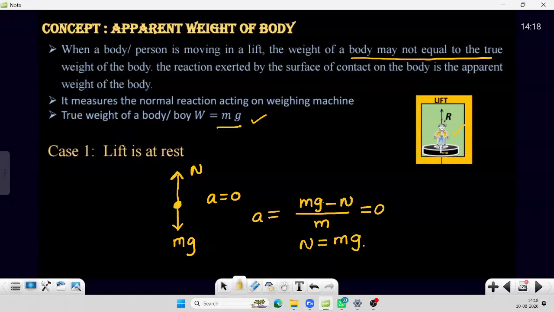Now, when the lift is at rest, what happens? If the lift is at rest, apparent weight is equal to true weight only. So in this case, what is the weight of the person?